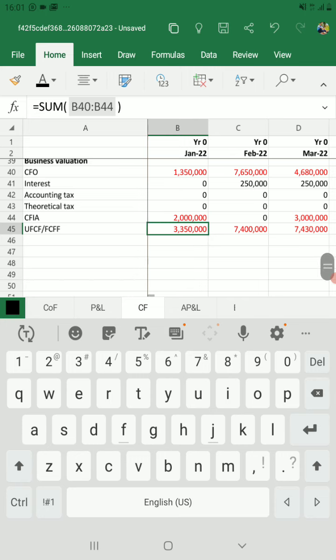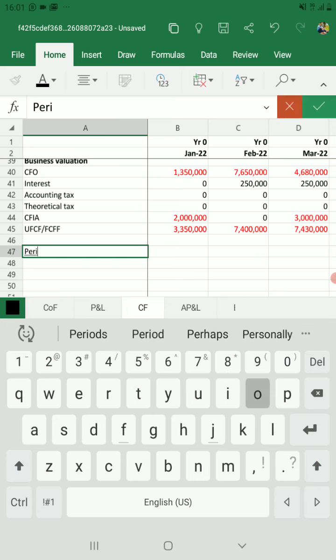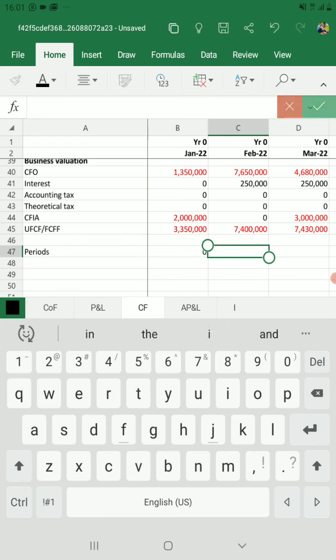So in this case, our periods, in this case period 0 is in January, so there is where we have 0. Period 1 starts in February, because now we are modeling on monthly basis, so this is period 1.